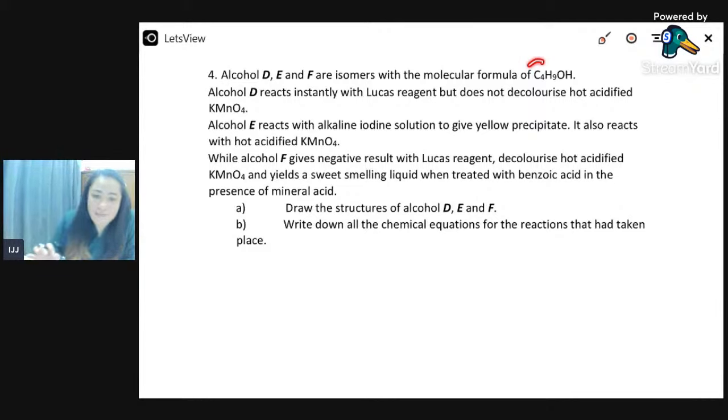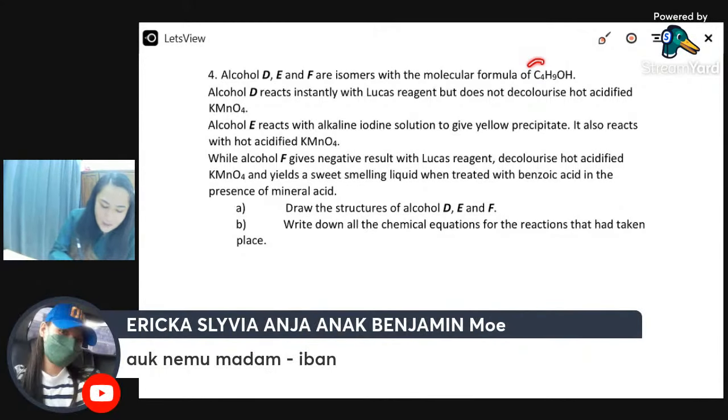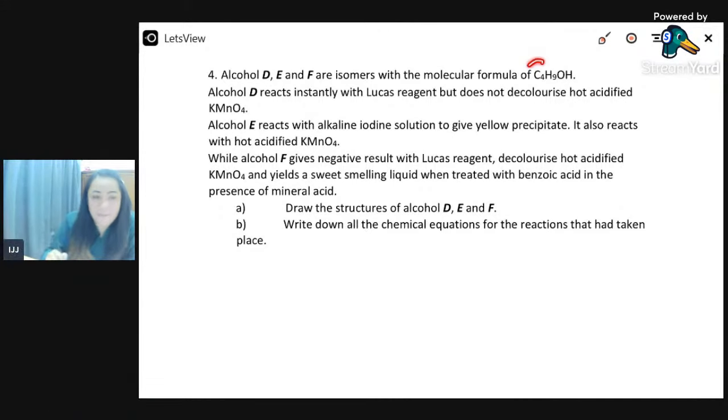Okay. So, same molecular formula maksudnya alkohol B, alkohol E, alkohol F ni semua ada 4 carbon, semua ada 9 hydrogen and 1 OH group. Okay, that's that.